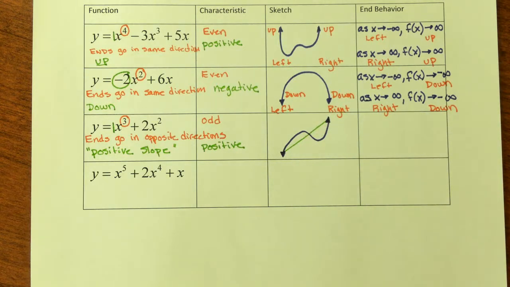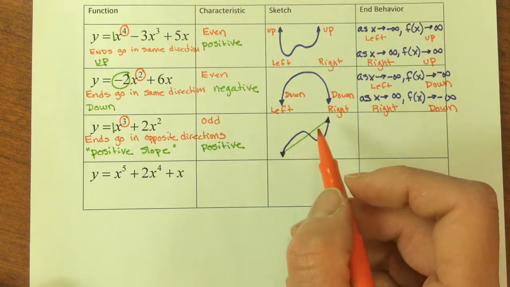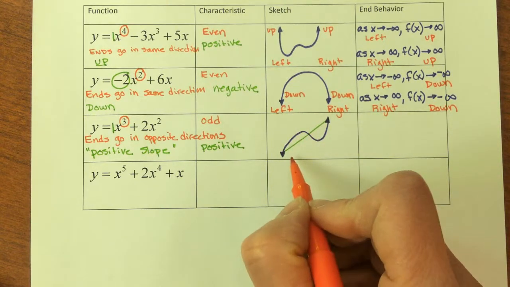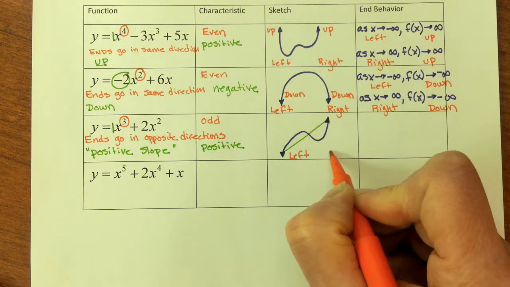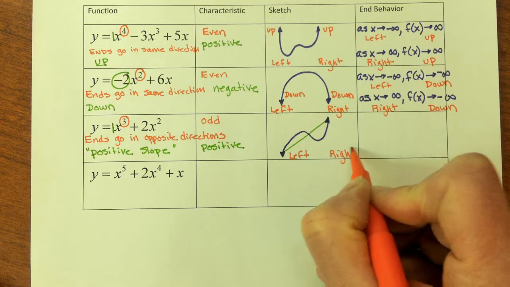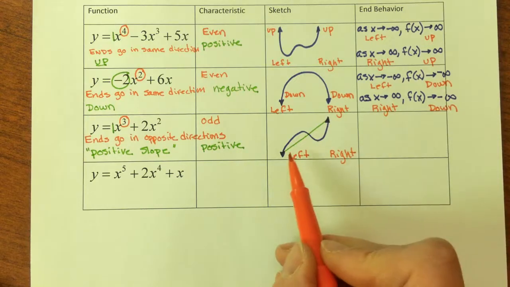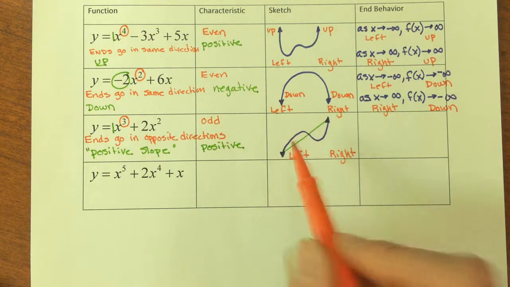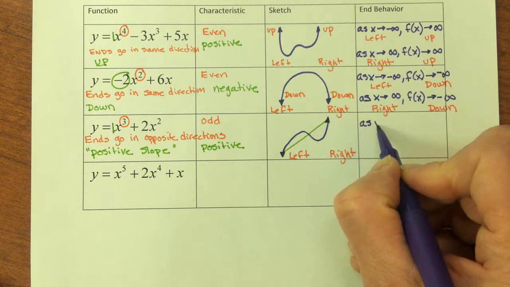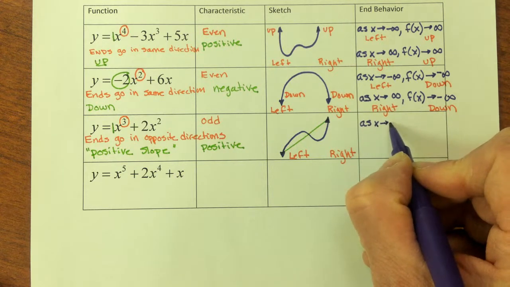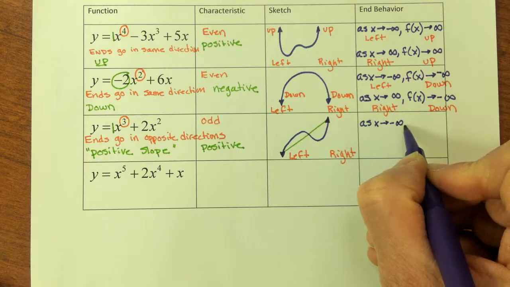So again, let's talk about end behavior. So this is my left side, and this here is my right side. So if I want to say the left side, I would say as x goes to negative infinity.